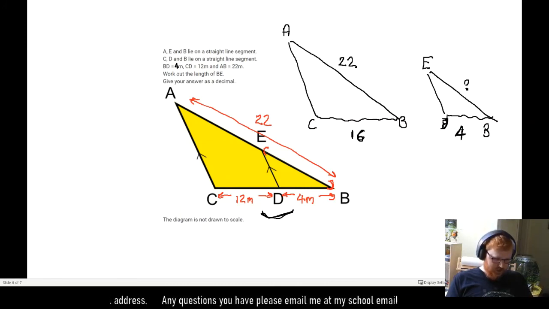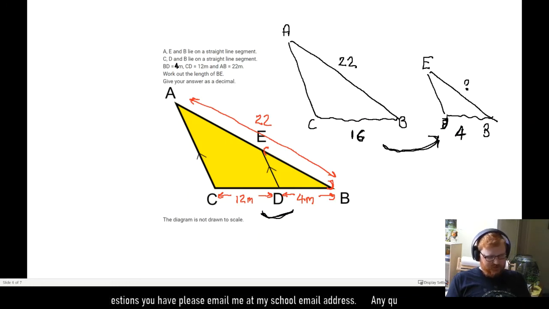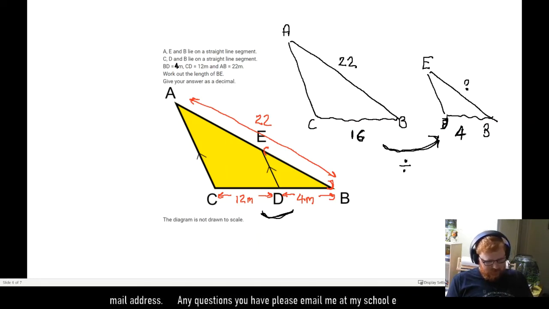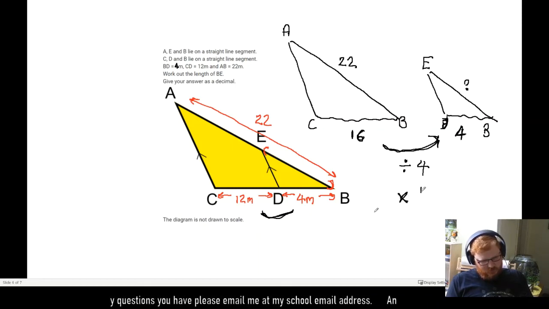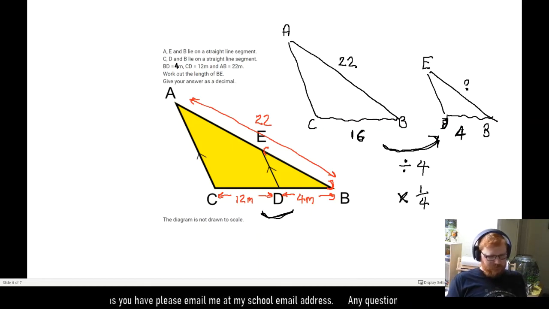So C to B, okay, this is an enlargement, isn't it? What's the scale factor? What do I multiply 16 by to get to 4? Well, I need to divide it, don't I? I need to divide 16 by 4 to get to 4. Let's not forget that if we're dividing by 4, it's the same as multiplying by a quarter.